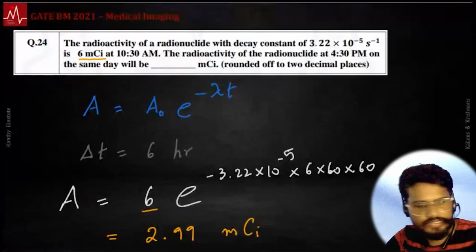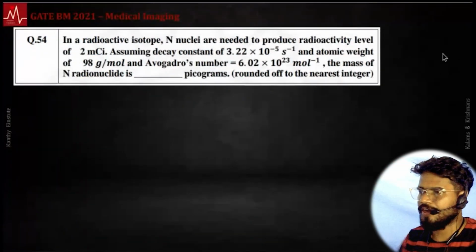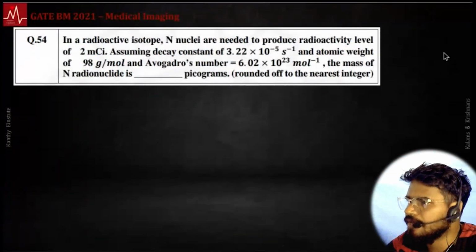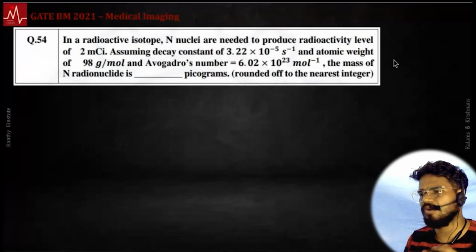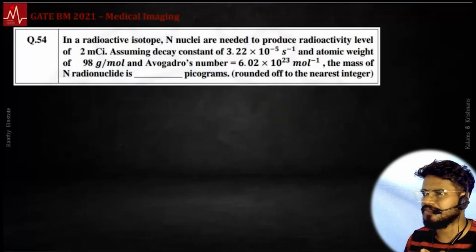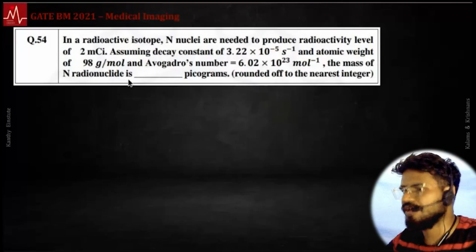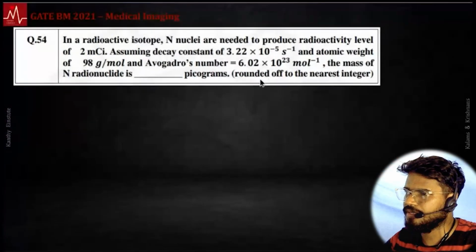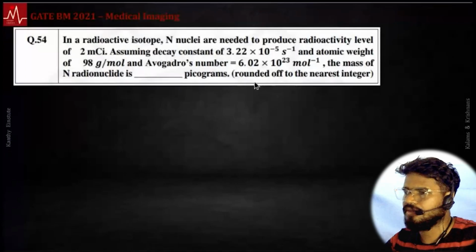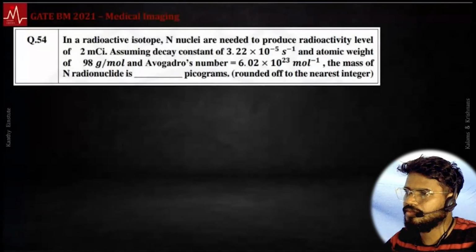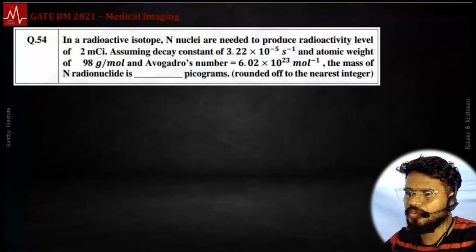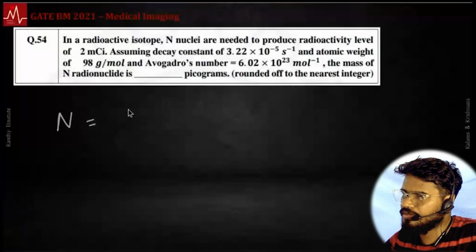Next question: what mass of radioactive isotope nuclei is needed to produce a radioactivity level of 2 millicurie, assuming decay constant as this, atomic weight as this, Avogadro number as this? So here N equals A by lambda.